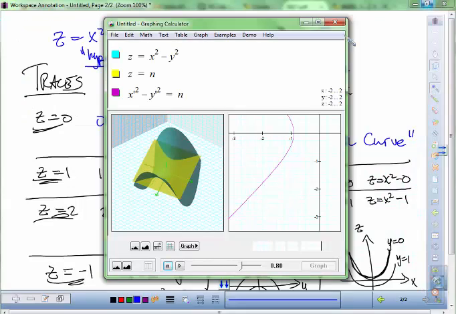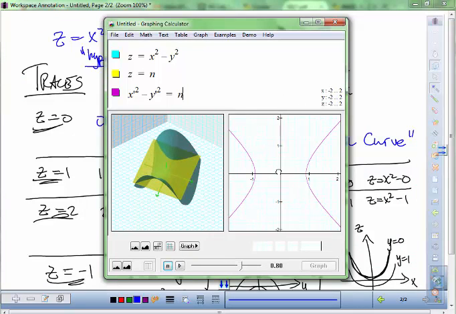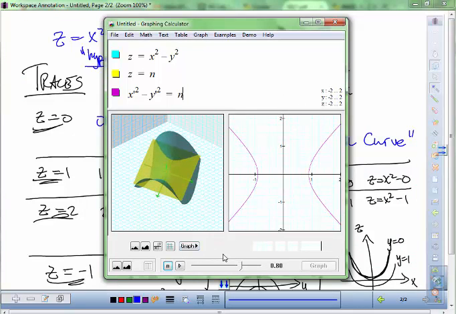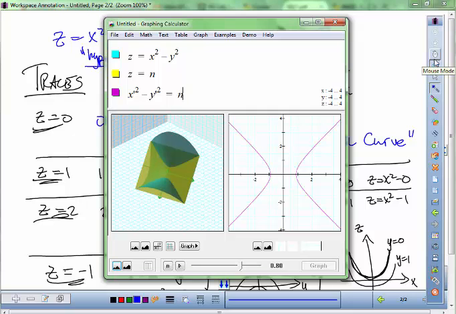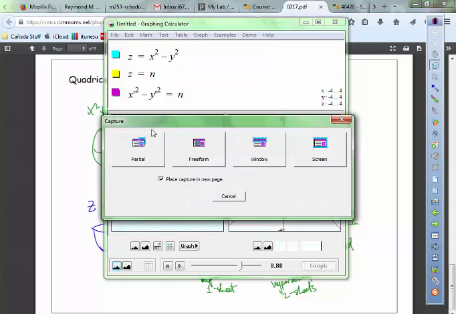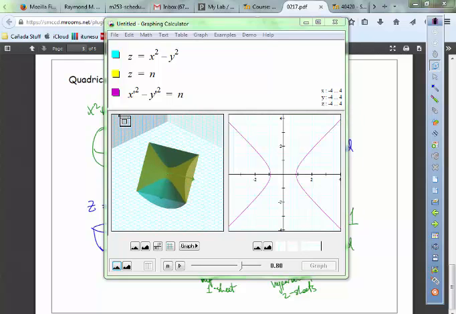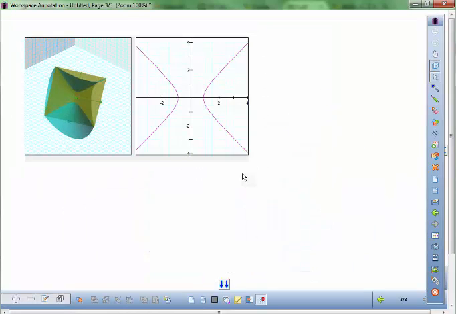See if we can just do a quick picture of this. Now, those are the traces along the z-axis. But we also have traces along the x and then the y.